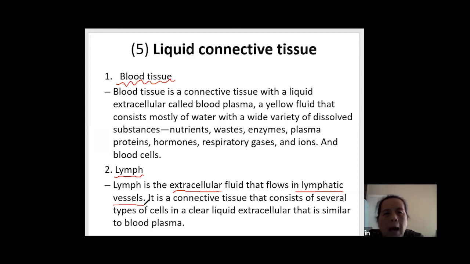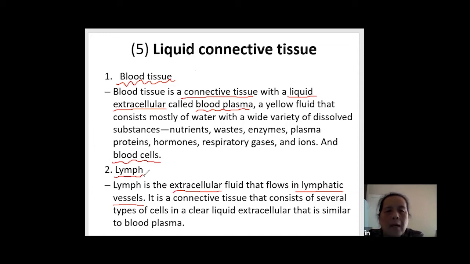So blood circulation is still connected with tissue and connected with extracellular fluid in there. So basically, the main part of the blood is blood plasma. Certainly, we have some cells inside of the blood.